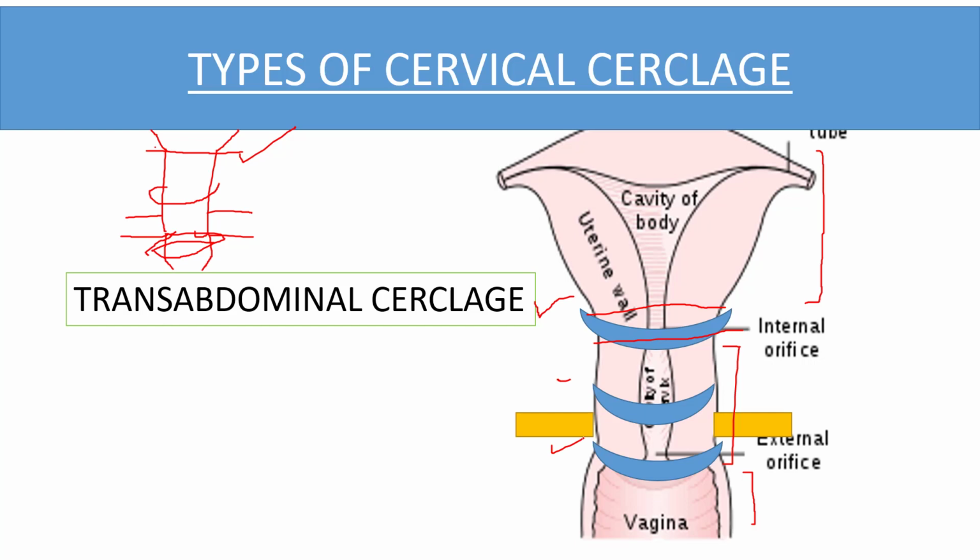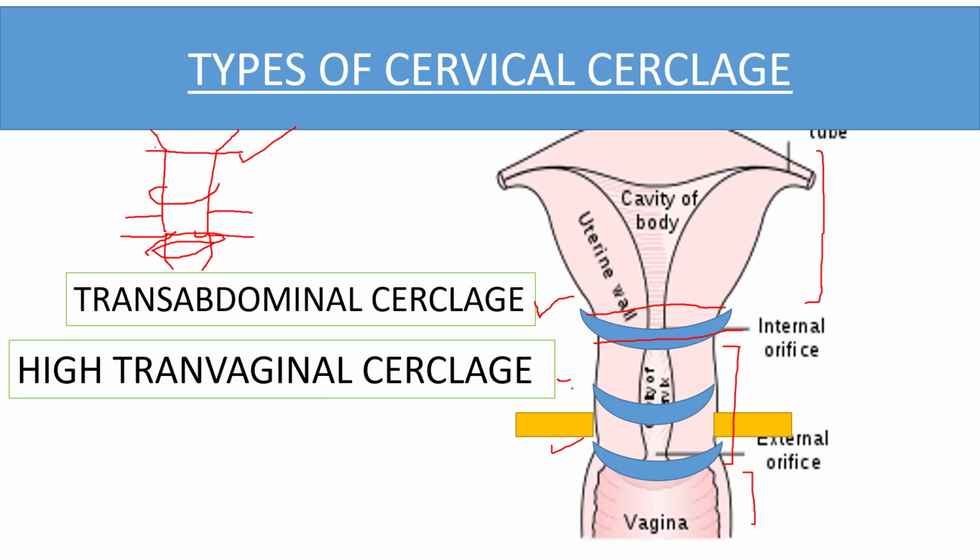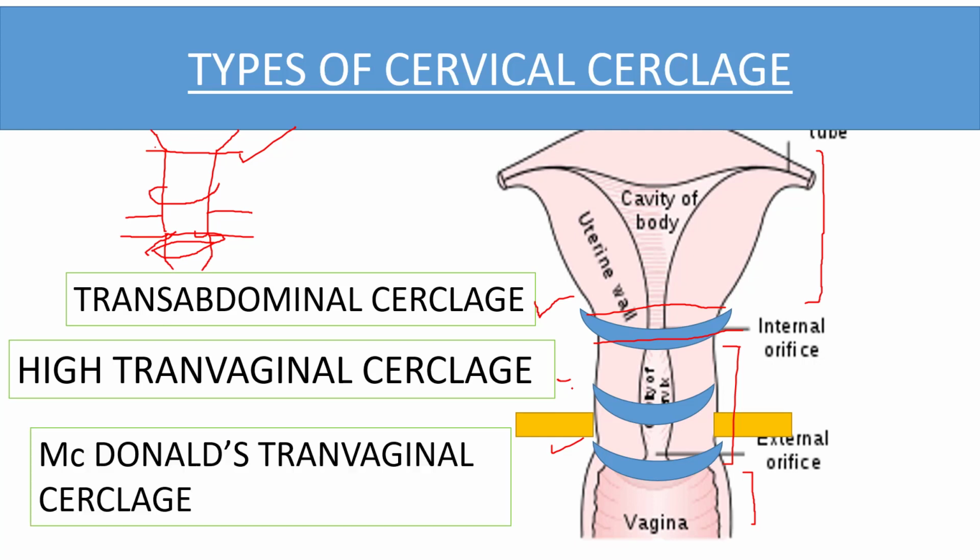As this type is higher as compared to this type, so this second type is called high transvaginal cerclage. And this third type is lower as compared to this high transvaginal cerclage, so it is also called low transvaginal cerclage, or most commonly it is called McDonald's transvaginal cerclage.